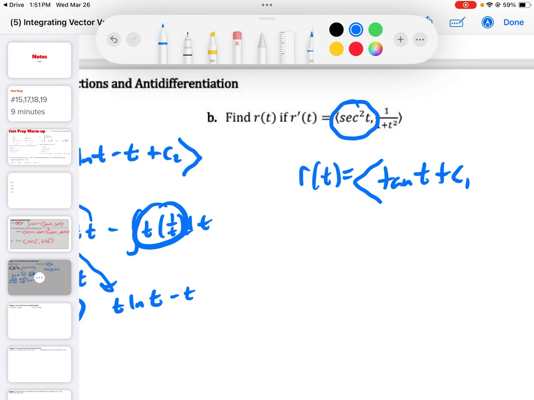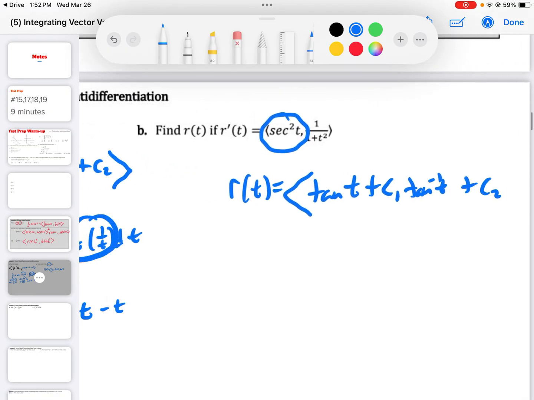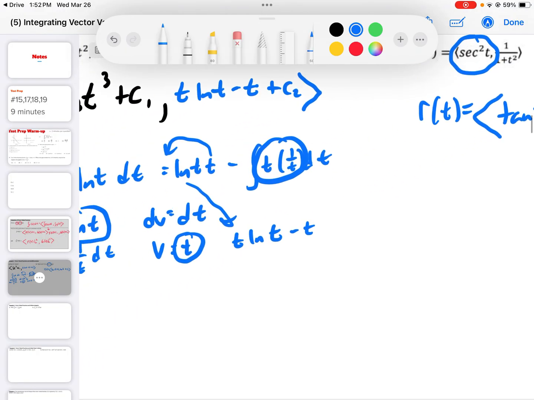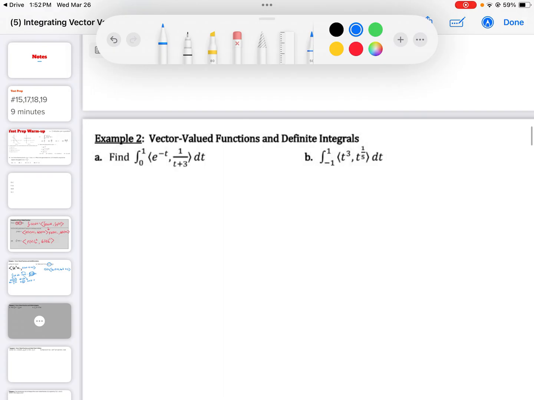And then the antiderivative of 1 over 1 plus t squared is tangent inverse of t plus c2. So just find the antiderivative of each piece, and the constants of integration will be different for each one of them. So we call one c1, the other one c2. All right, let's keep going.